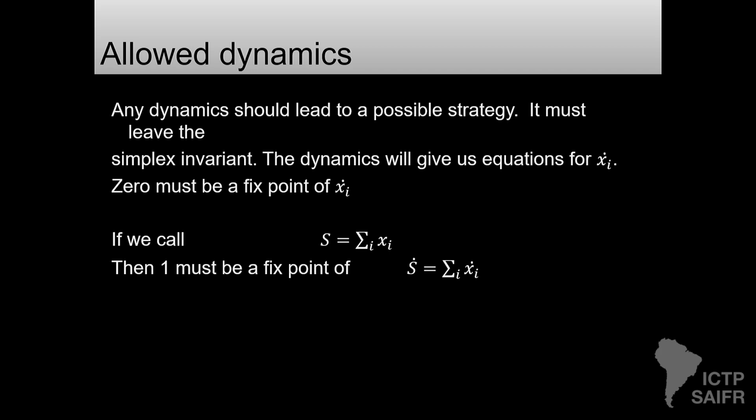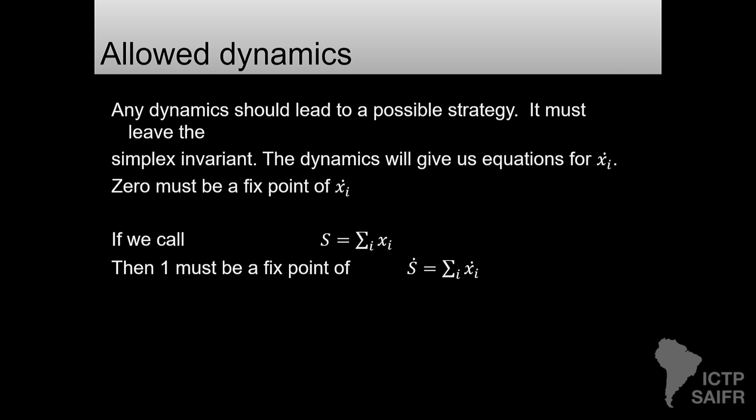If S is equal to 1, then dS/dt should be equal to 0. If this is accomplished, I am sure that these dynamics will not make me get out from the simplex.